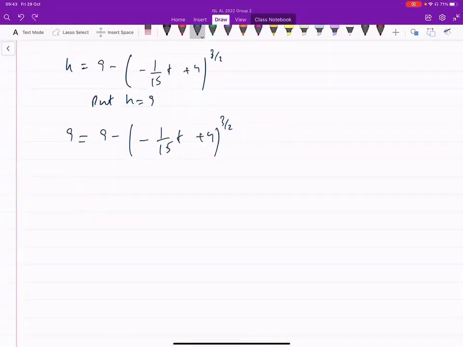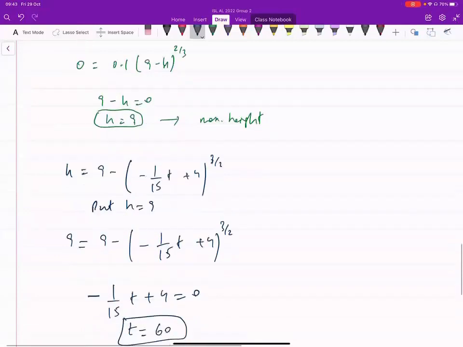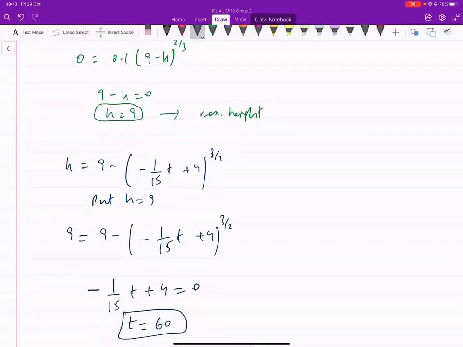You're going to be left with -1/15t plus 4 equals 0, और वहां से टाइम की वैल्यू आपके पास आ जाएगी 60. ठीक है? So this could be another way to think about this as well.